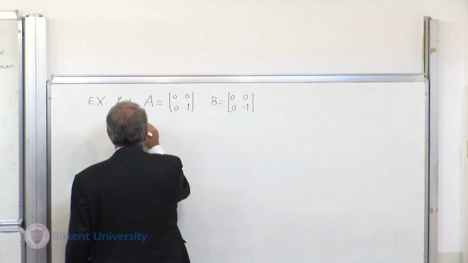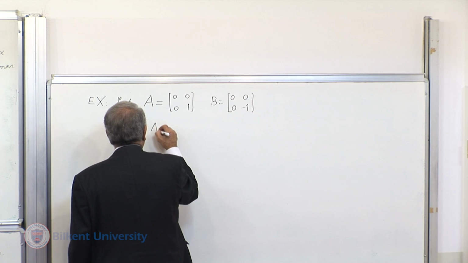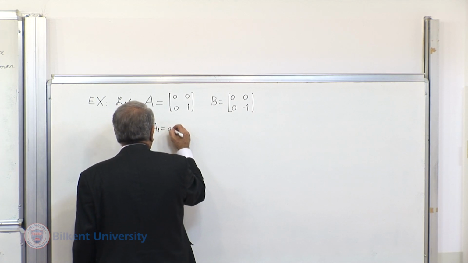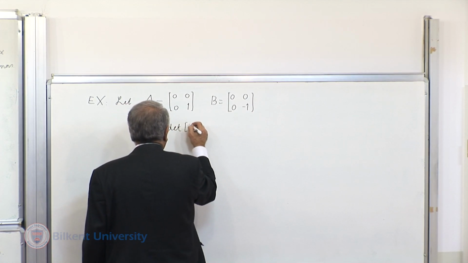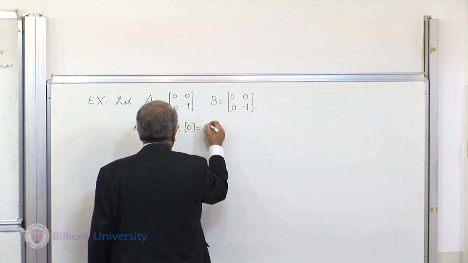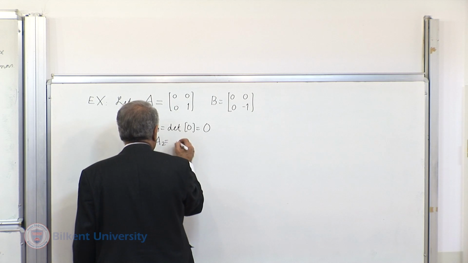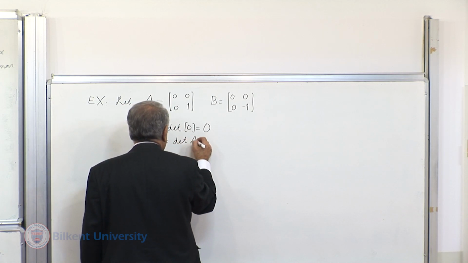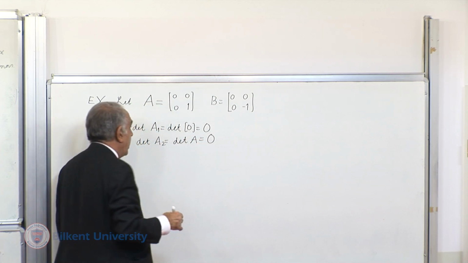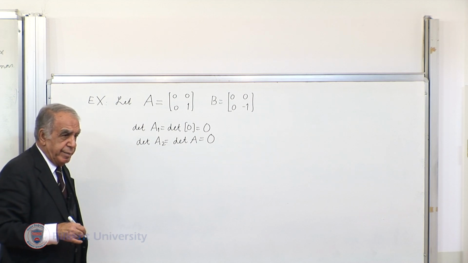Determinant of A1, that's just the determinant of this, that's 0. Determinant of A2, the second principal minor, that's the entire thing, that's 0 as well.